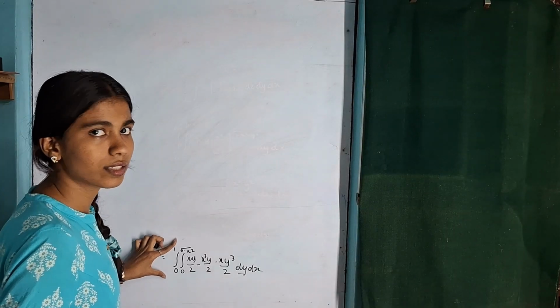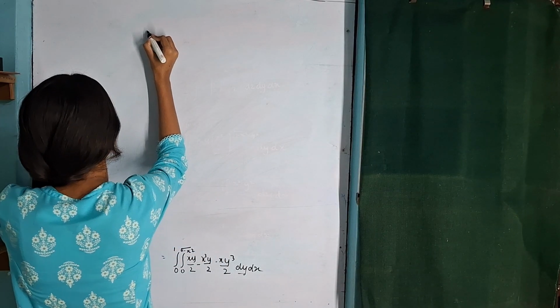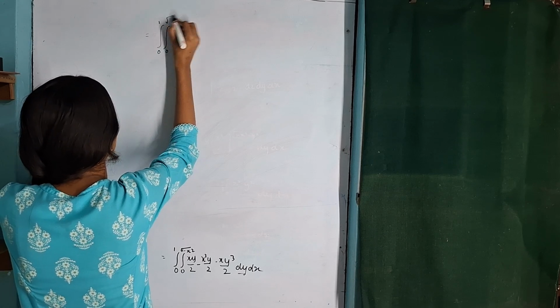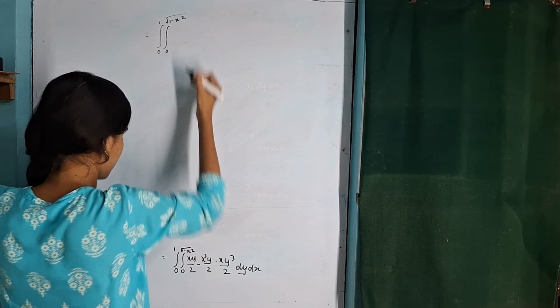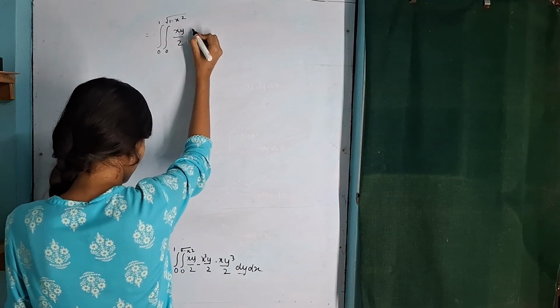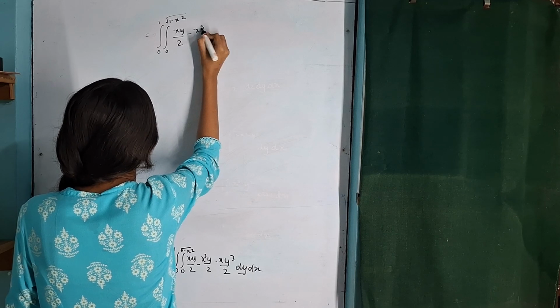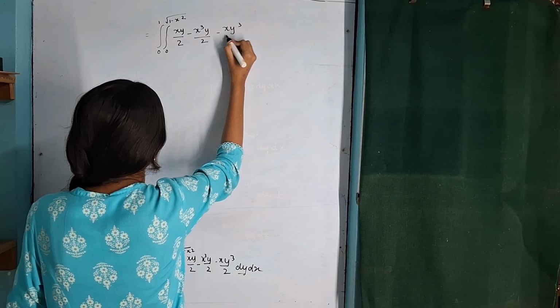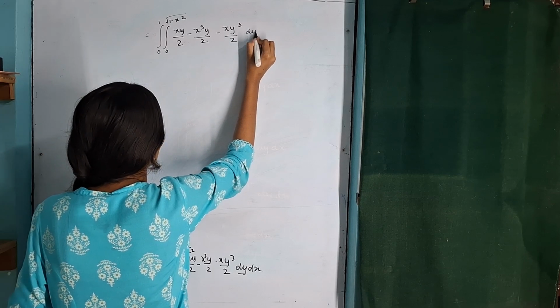So let's write this down again: xy by 2 minus x cube y by 2 minus x y cube by 2, dy dx.